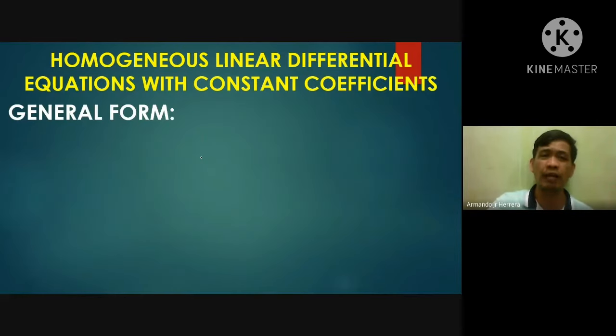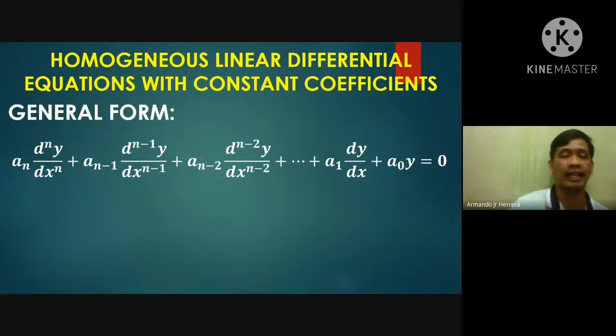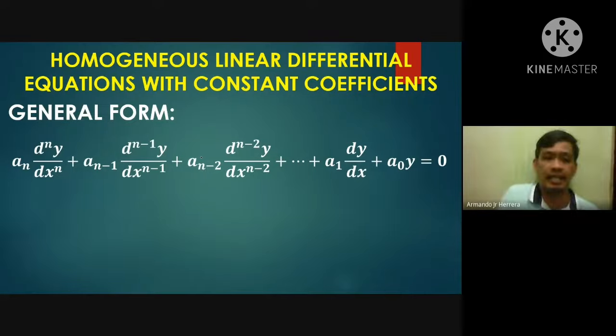So what is the general form of our homogeneous LDE? It's in the form of a_n times the nth derivative of y with respect to x, plus a_(n-1) times the (n-1)th derivative of y with respect to x, and so on, until you reach a_1 times the derivative of y with respect to x, plus a_0 y is equal to 0.